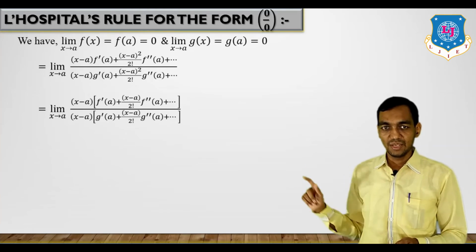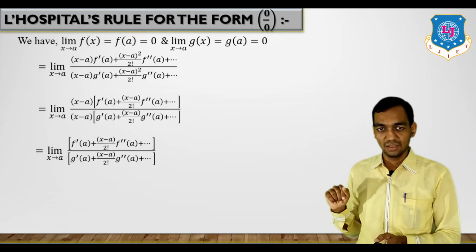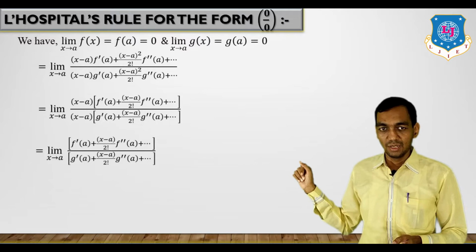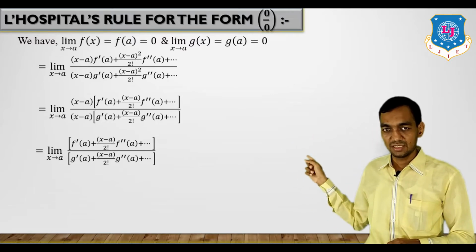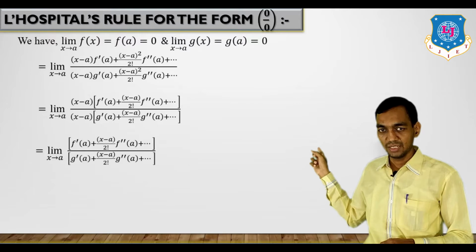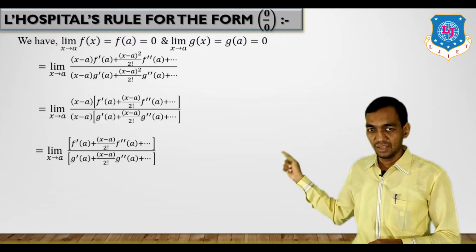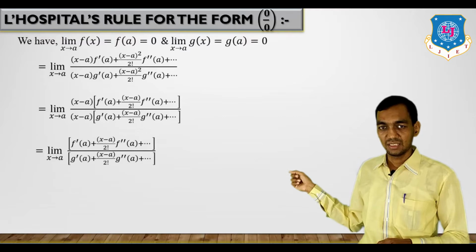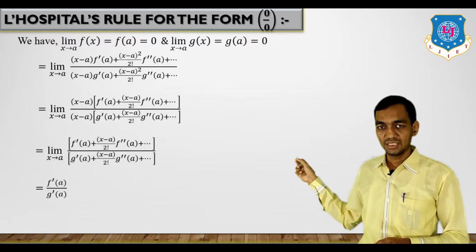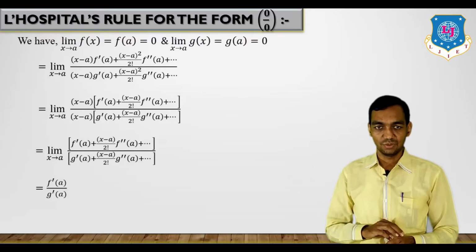So (x minus a) will be cancelled from numerator and denominator, and you will have the limit as x tends to a of f dash of a plus (x minus a) upon 2 factorial f double dash of a plus dot dot dot, divided by g dash of a plus (x minus a) divided by 2 factorial g double dash of a and so on.